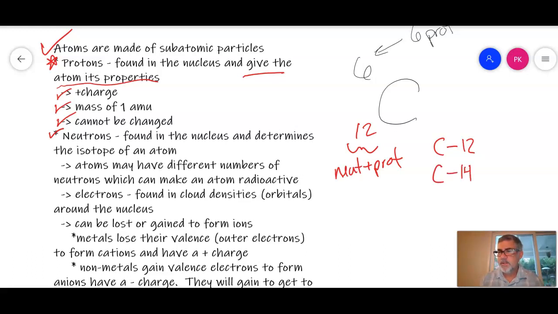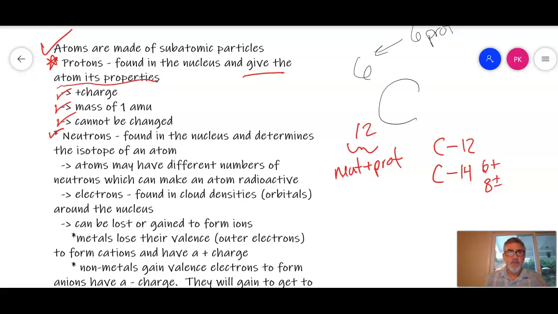I could have carbon 14. That's a radioactive isotope we use for radioactive dating of things that have been dead a long time. This 14 means that it still has 6 protons, because carbon always has 6. Neutrons, I often draw with positive and negative charge, because a neutron does actually have both charges in it, which makes it neutral, and that's why it's called a neutron.